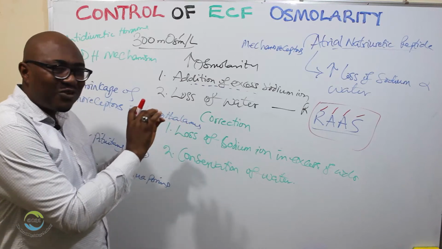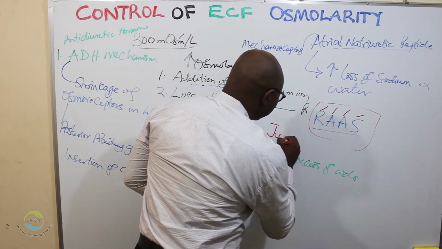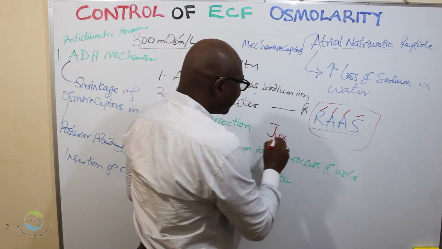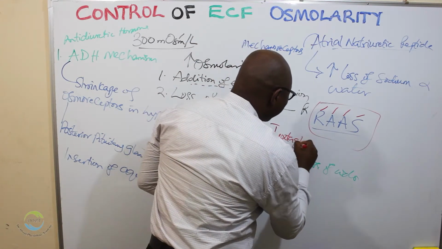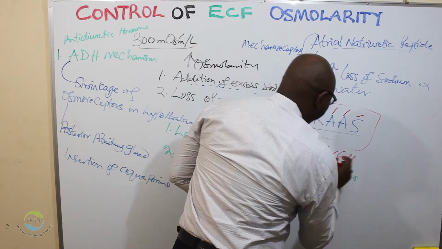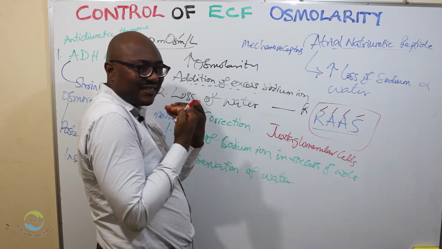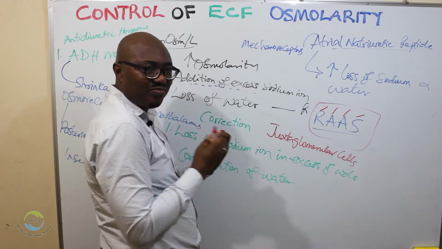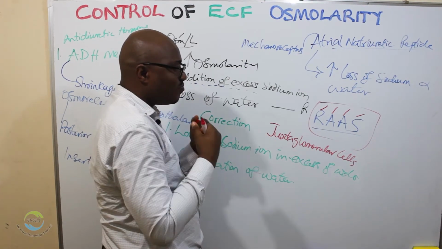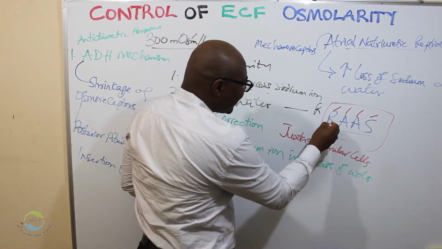So the juxtaglomerular cells, remember we talked about the juxtaglomerular apparatus, they're the ones that detect that reduced blood flow. So immediately they detect reduced blood flow, they release renin.